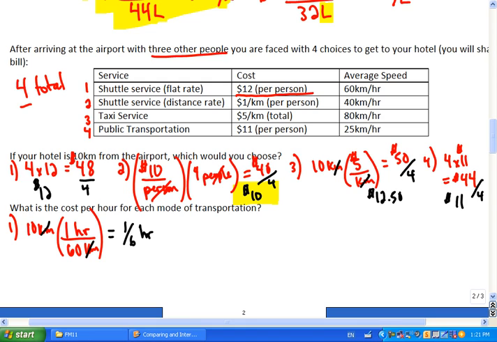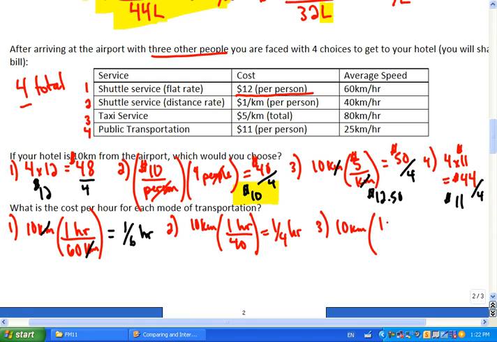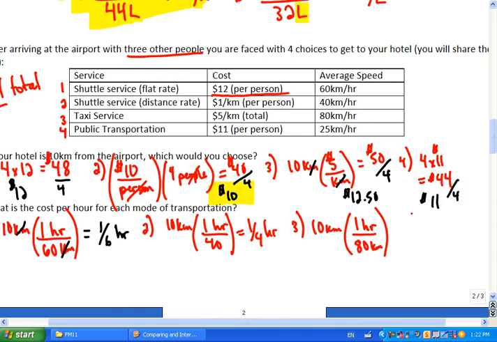We need to figure out how long it's going to take for each of these. So the second one, there's 10 kilometers to go, and in 1 hour, we'll go 40 kilometers. That's 1/4 of an hour. For the taxi, 10 kilometers, there'll be 1 hour, and we go 80 kilometers. So that's 1/8 of an hour.